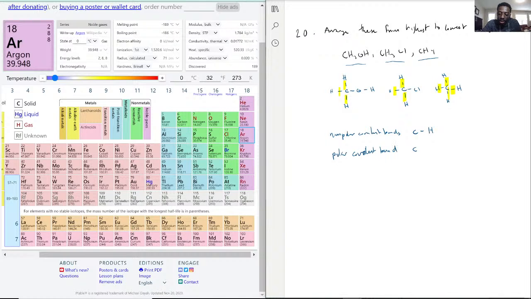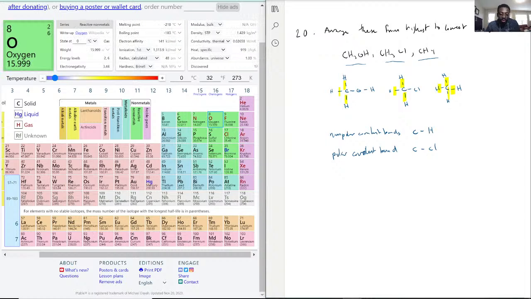That's C to Cl. And now C to O: 3.44 minus 2.55 is also another polar covalent bond.